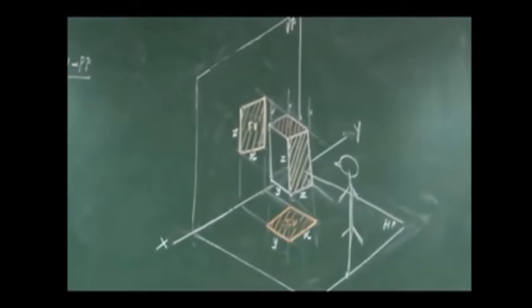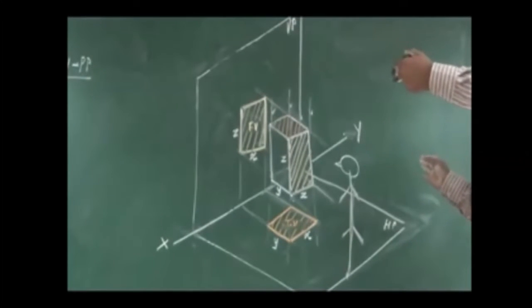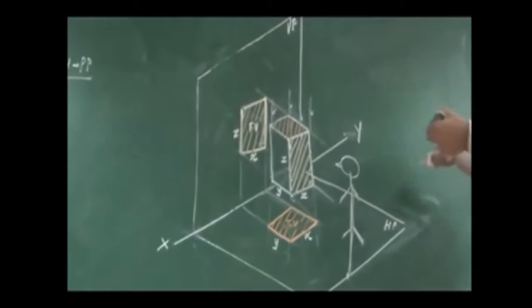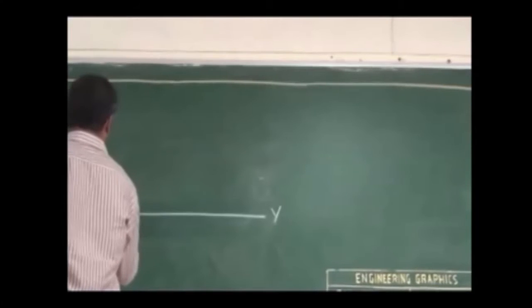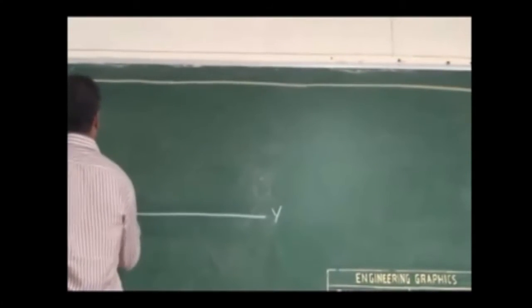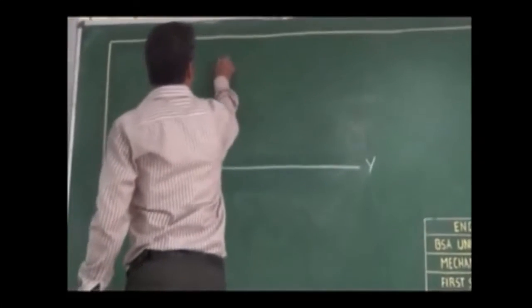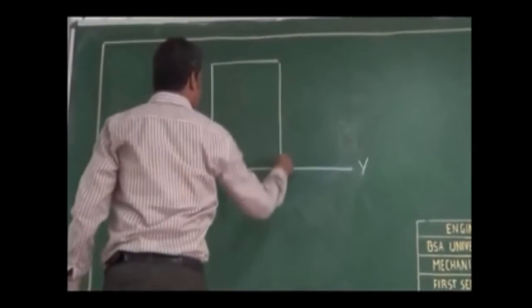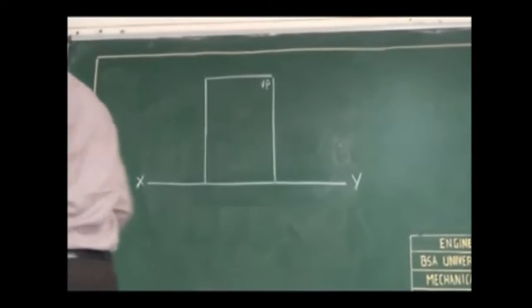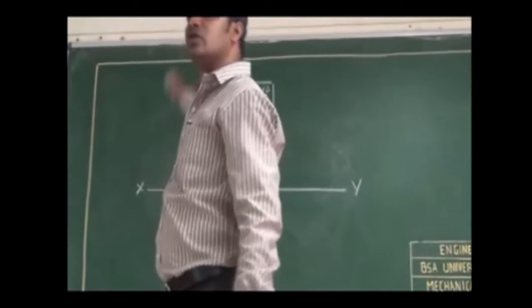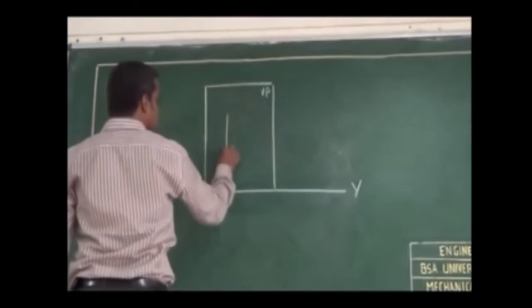So if I tilt this same setup towards you, what you can see is a reference line, and above that you can see a vertical plane. So I will have a reference line, and a vertical plane will be seen like this. So this is the vertical plane, and on the vertical plane I have my front view.